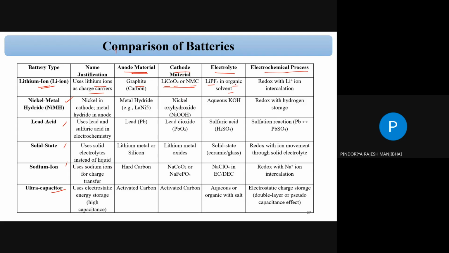That's why I said designing the battery is totally for chemical and chemistry people. It is not related to electrical. Electrochemical process, there is a redox with lithium plus ion intercalation. Correct? So these are the different types of batteries and different types of materials we can use for the anode as well as the cathode, electrolytes and electrochemical processes. Correct?